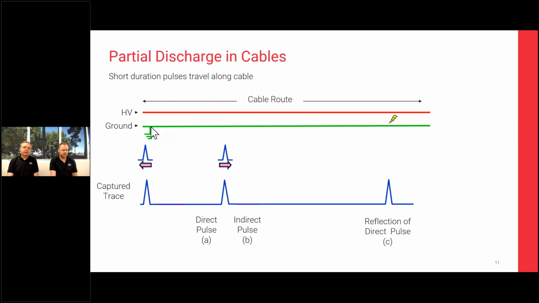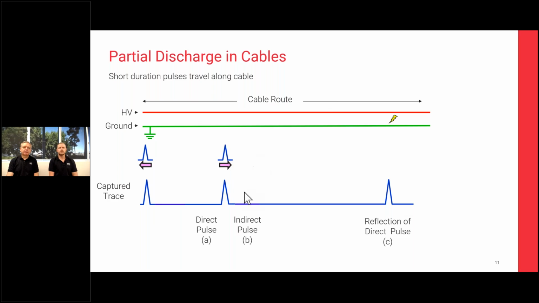So if we're measuring at one end, whether we're doing this online testing through coupling capacitors and VLF type testing or oscillating wave testing, then we will first of all see the pulse that comes directly from the discharge site at the sensor.